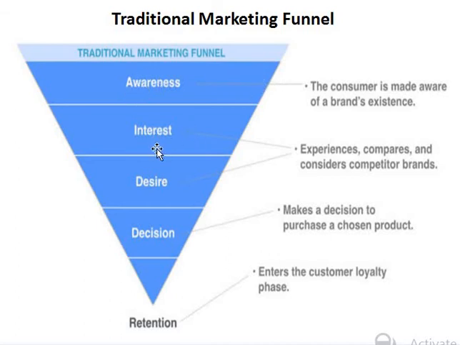Second, we divide in either 2 or 3 parts. Interest and desire can be called basically consideration. We have divided here in a total of 4 segments. We can divide even in 3. Interest and desire combined can be called the consideration set, right?